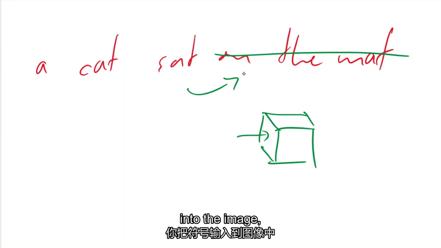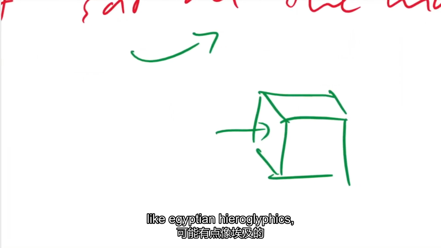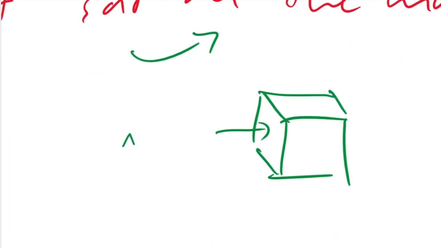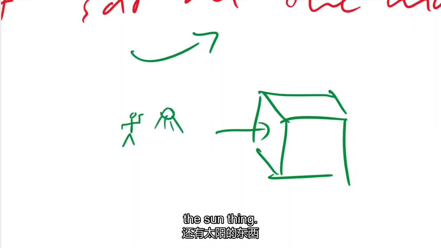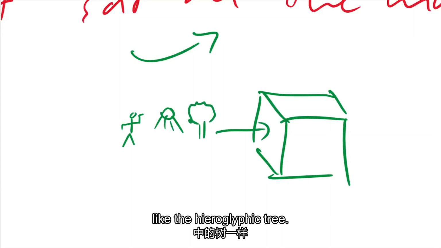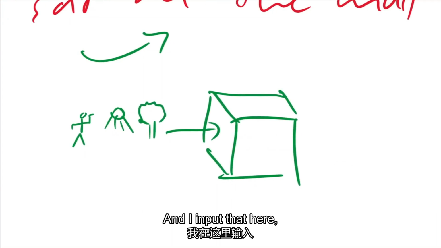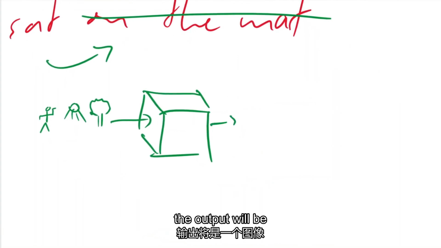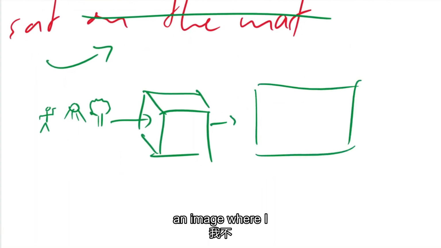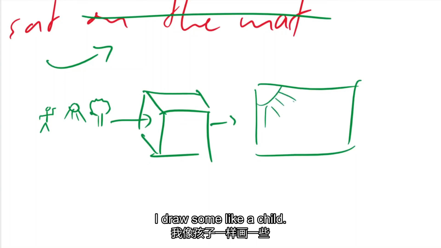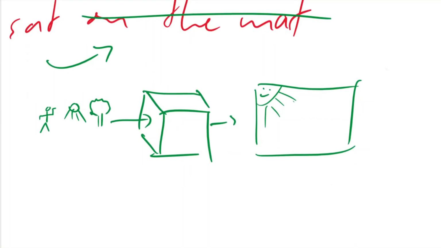It's a bit like Egyptian hieroglyphs, maybe. Here is this hieroglyph, and then there is the sun, and then the hieroglyph for tree. I input that here, and the output will be an image where the sun is shining. Yes, I draw a sun like a child. It has a little smile. Deal with it.